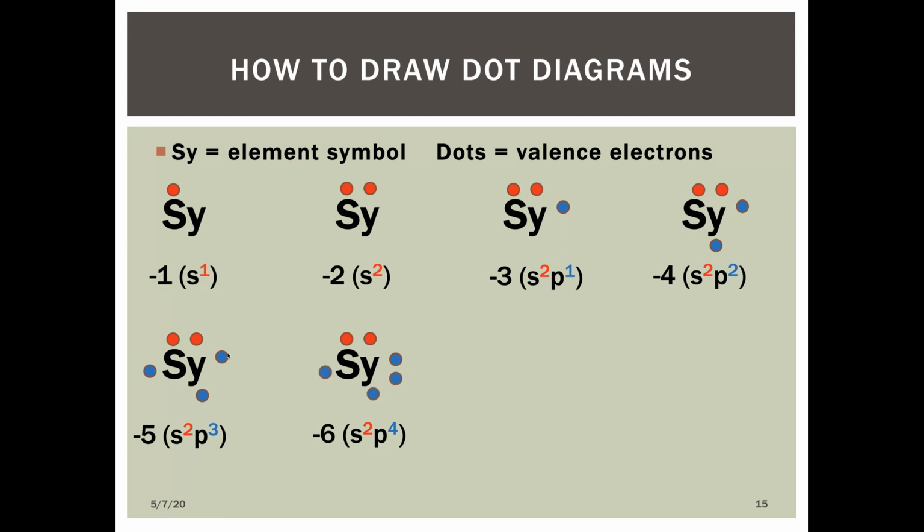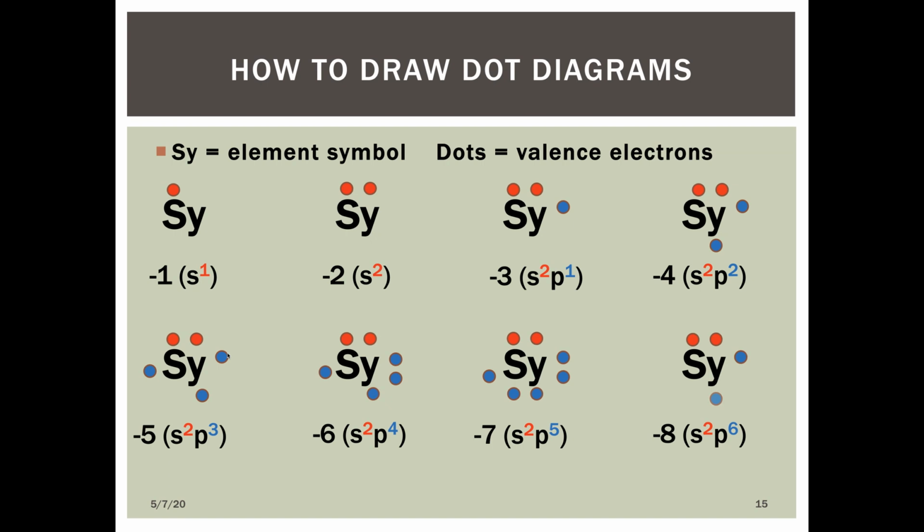This gives you 2 unpaired electrons, so 2 bonds can be formed. With 7, the first 2 electrons go in s, and then p fills up with 5: up, up, up, down, down. And I think you can figure out how 8 works. Up, up, up, down, up, up, up, down, down, down. A fully completed stable octet.